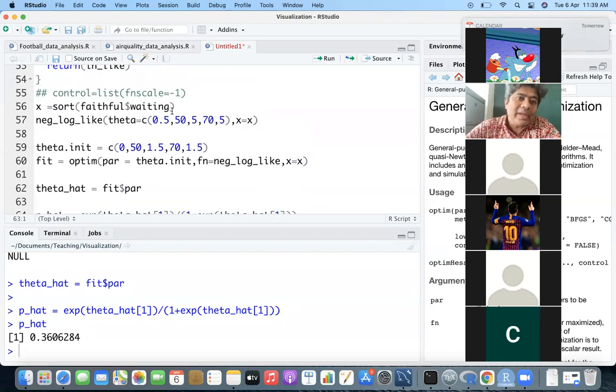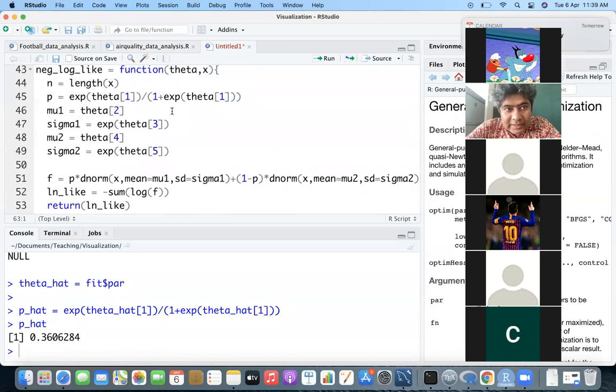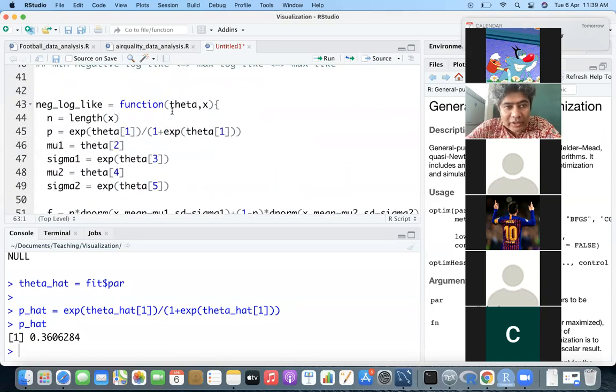And what does it tell us? It tells us that no matter what the objective function, at least with the default optimization algorithms like Nelder-Mead or BFGS, you have to have some sense of the value of the parameters.